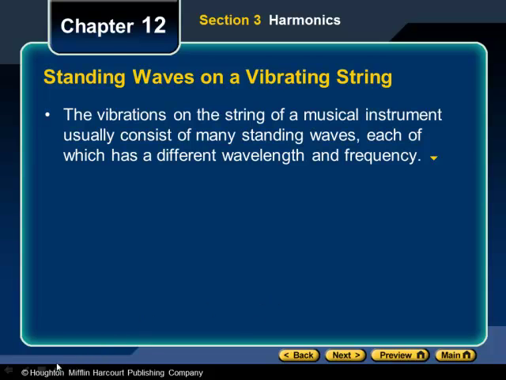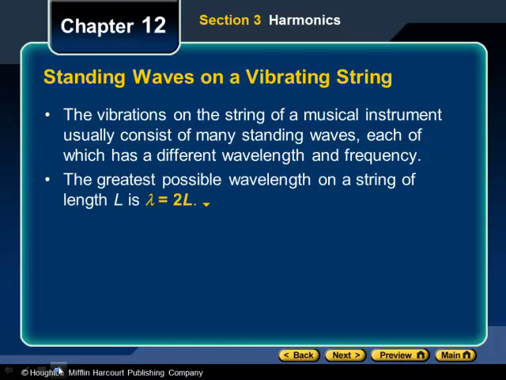The greatest possible wavelength that you could have on a string, and by the way, this string could be a piano string, a violin string, a cello, any type of string like that, or just a string in a science laboratory, is 2L. In other words, twice the length of the string.